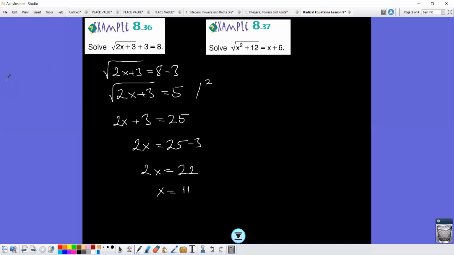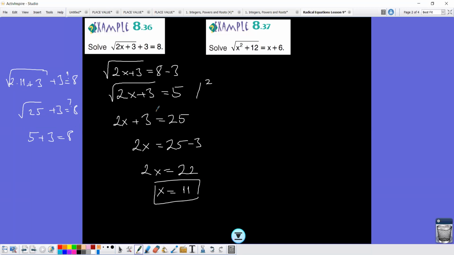Check if it works: the root of 2 times 11 plus 3, plus 3, is it equal to 8? 2 times 11 is 22, plus 3 is 25. The root of 25 plus 3 is equal to 8. The root of 25 is 5, plus 3 is 8. So it is okay. The solution is 11.